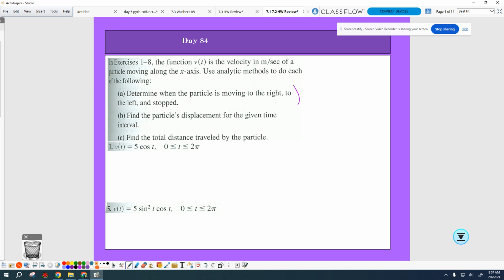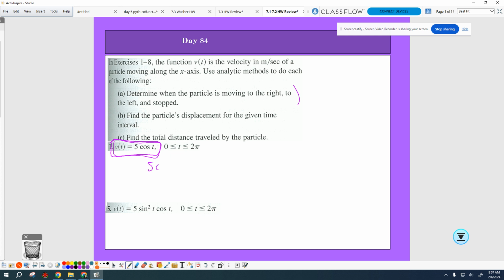So how do you know when a particle's moving right, left, or stopped? Look at velocity. If I gave you position, how do you find velocity? Derivative. If I gave you acceleration, how do you find velocity? Integrate. Okay. So Jamie, this one, they gave us velocity, so you have to find the zeros, when it's 0.